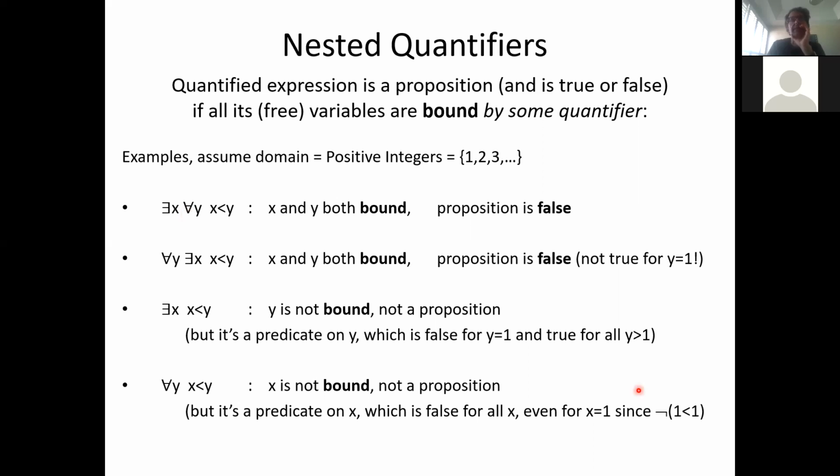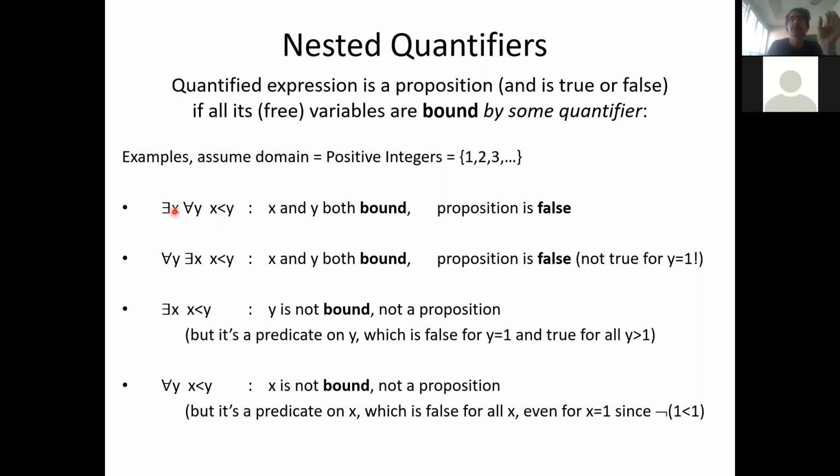Somebody said y equals x. So this statement says that for all x's, something is true about x. What is this thing? That all y's are greater than x. All elements in the domain are greater than x. That there exists an x such that all elements in the domain are greater than it.